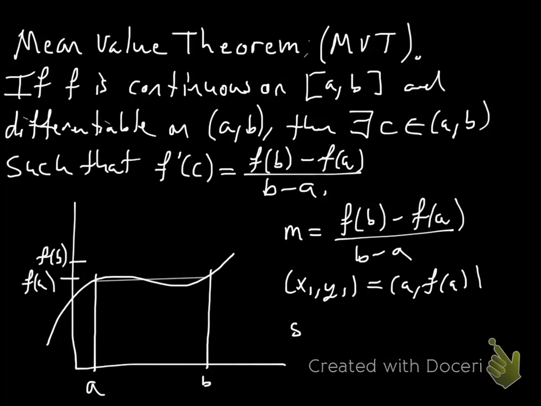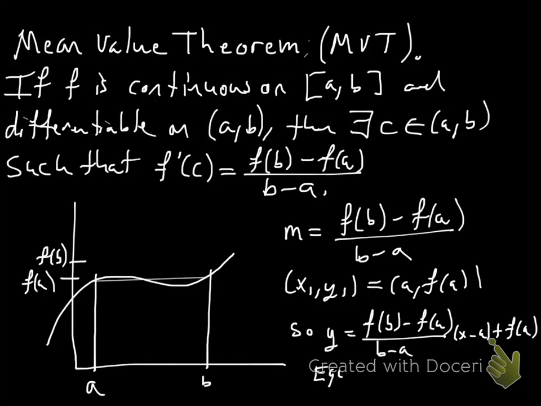So it's going to be y minus f(a), that's y minus y1, equal to m times (x minus x1). m is going to be the slope of the secant, and then we'll leave it as x minus a. The last thing we do is add f(a) to both sides. And this is the equation of the secant line connecting the two endpoints.